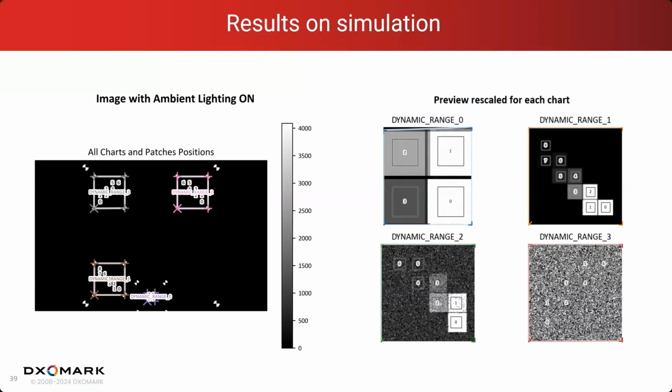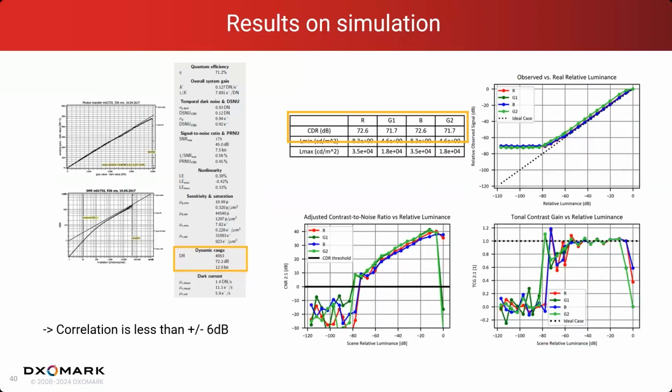So you can see that on the left first for the detection of the charts, and then on the right for the automatic positioning of the region of interest on each patch. So next slide shows the measurement results themselves.